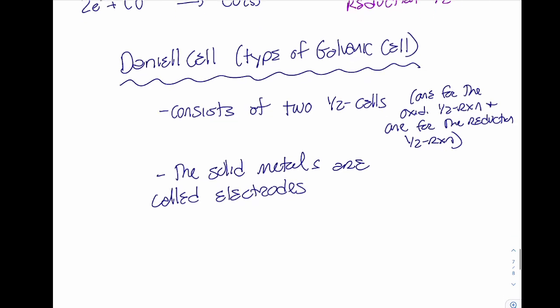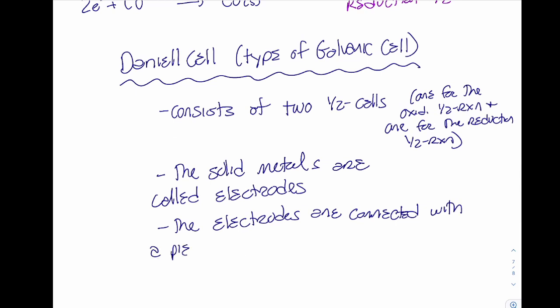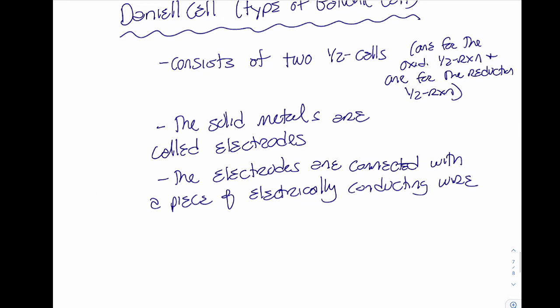And then the electrodes are connected with a piece of electrically conducting wire. The electrons then will flow from the oxidation half reaction to the reduction half reaction across that wire.